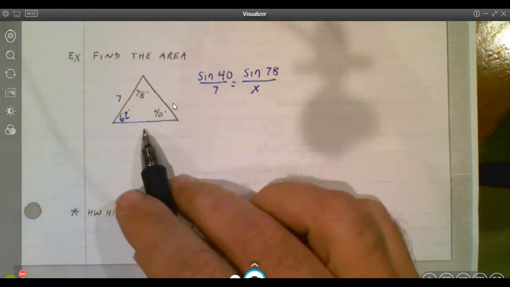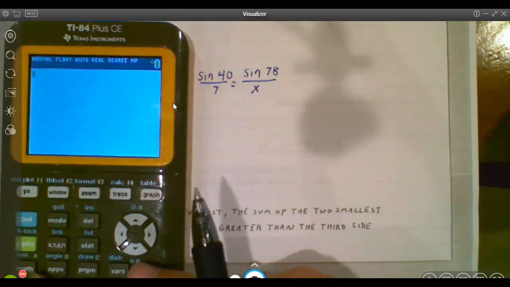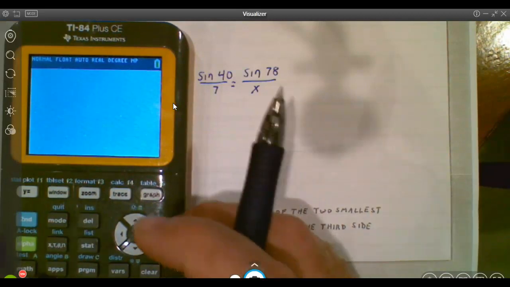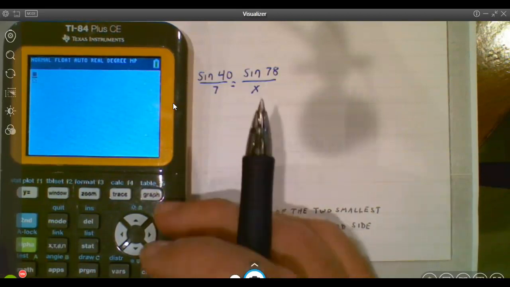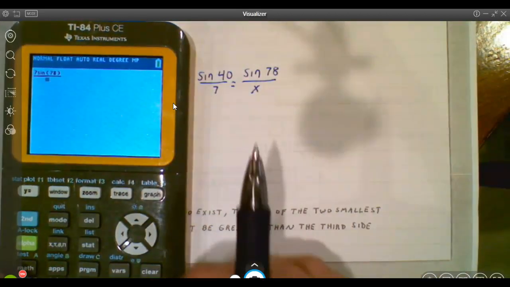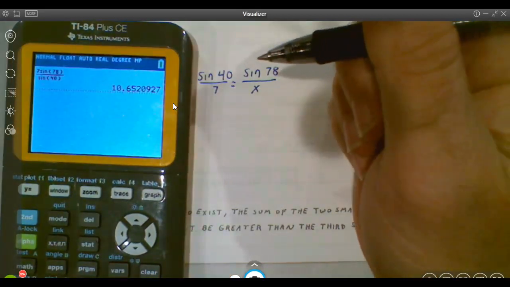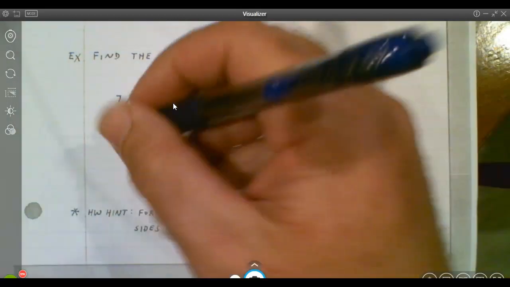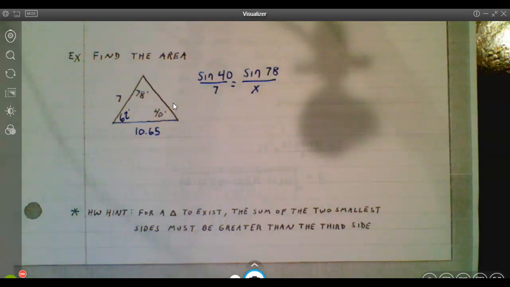This is our x. A little cross multiply and we can get our value for x. I'm going to end up with 7 sine 78 over sine 40, so about 10.65 is our missing side length.